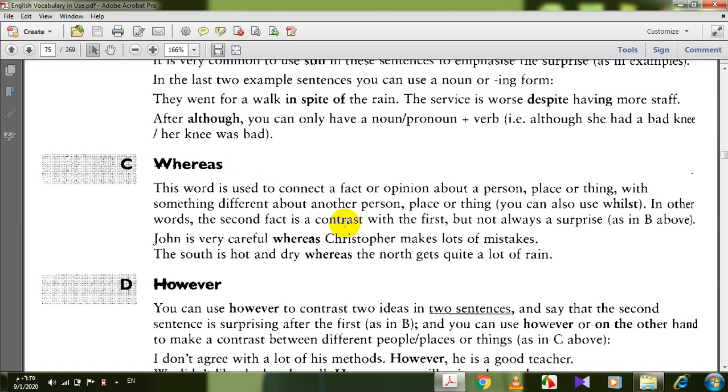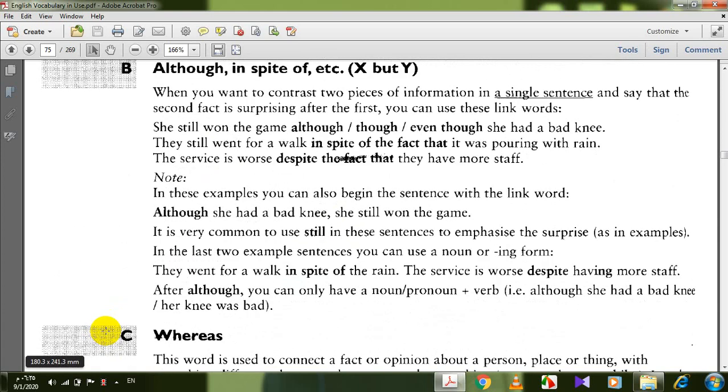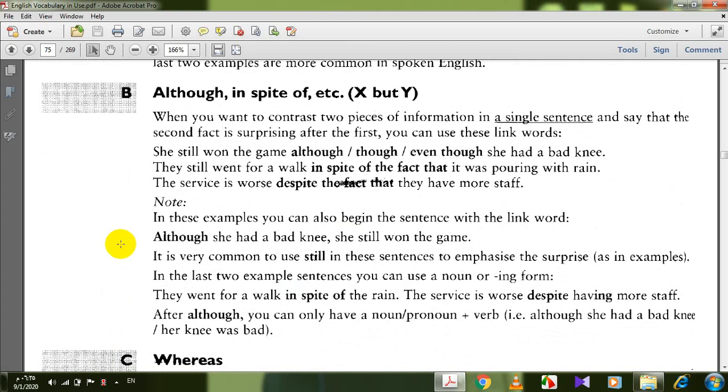We have to notice here that whereas is a bit different from although. Although we expect something, but what happened is different. So the second part is a little bit surprising.